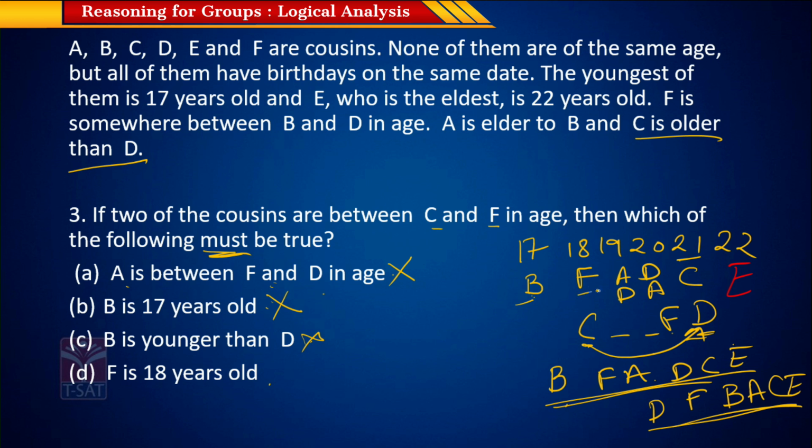Either way, F is 18 years old, and even in these two conditions that we just saw, which are possible for the earlier thing, we see that F is always in this position. So F is always 18 years old. So this is something that has to be true. So the answer option is D.